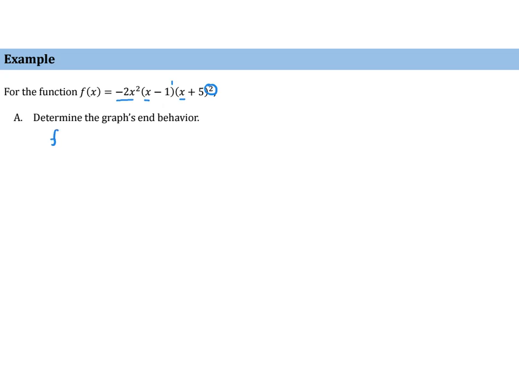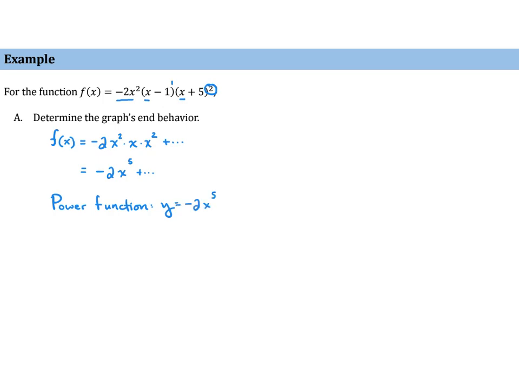So f of x will equal negative 2x squared times x squared plus some additional terms. So this will be negative 2x to the fifth plus something. So the power function is y equals negative 2x to the fifth.